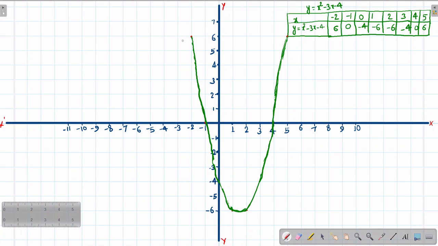So this point was (-2, 6), this point was (-1, 0), and this point was (0, -4), this point was (1, -6), and this point was (2, -6), and this point was (4, 0), and finally this point was (5, 6).